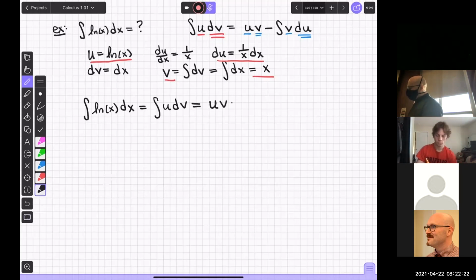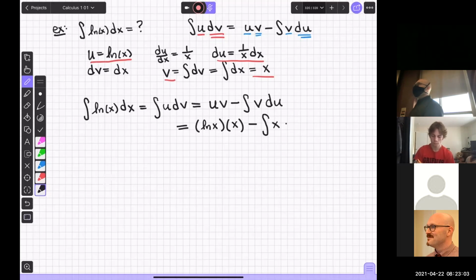And then by integration by parts, this is equal to that. So now I'm going to multiply the u and the v together for what I found them to be. ln of x and x, and then I'm going to write an integral symbol, and I found my v to be x, and I know what my dx is.